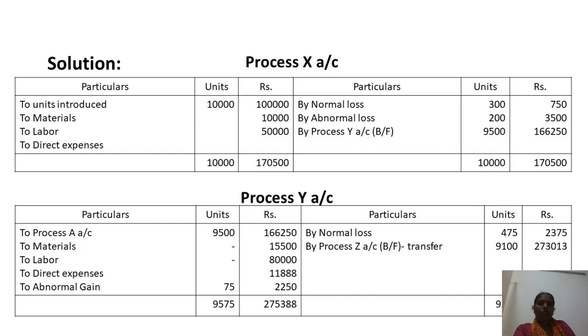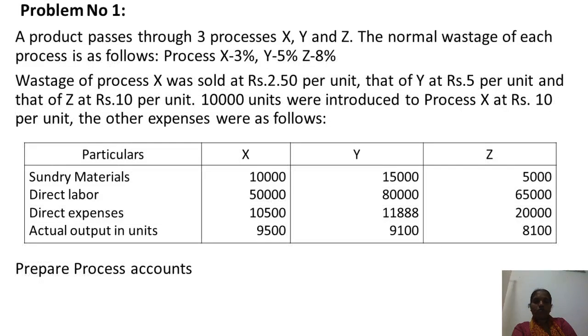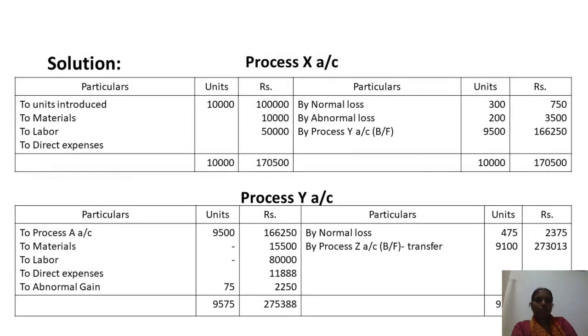Then normal loss is 750. Then in this problem we have to find the abnormal loss, that is 1 lakh plus 10,000 plus 50,000 plus 10,500 minus 750.